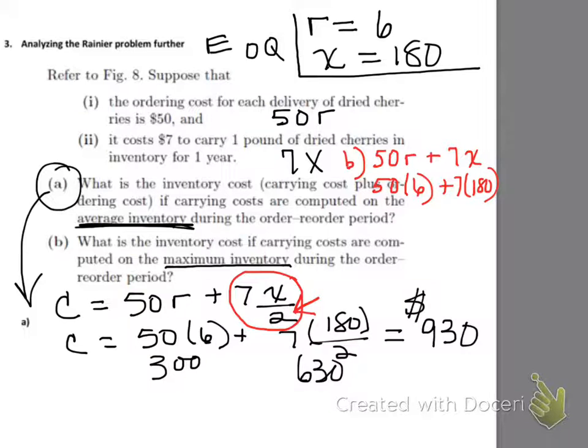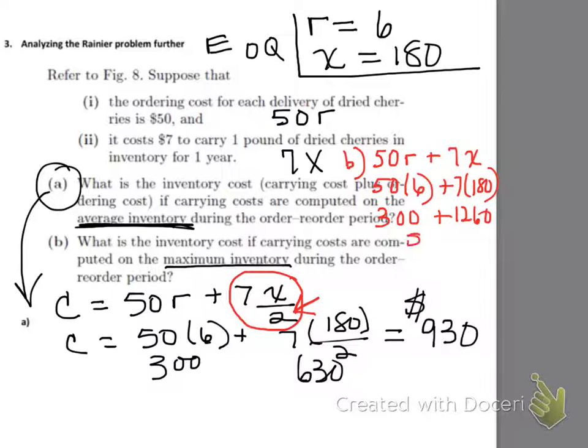So doing that math, I'm still going to get an ordering total cost of $300, but my inventory cost that's composed of the carrying cost is greater. Now it's going to be 7 times 180, not 7 times 180 divided by 2. So 7 times 180 is 1260.